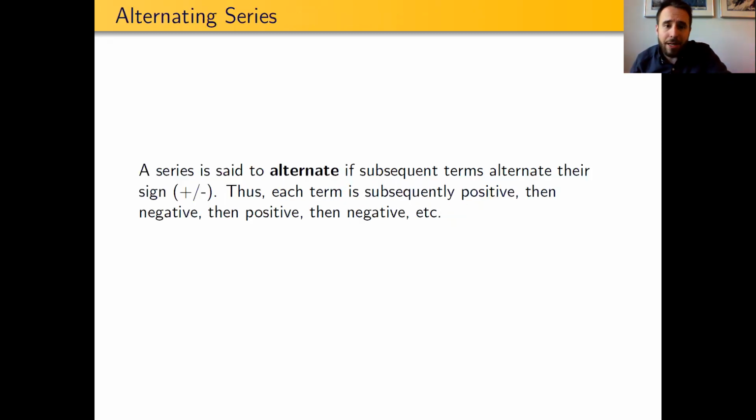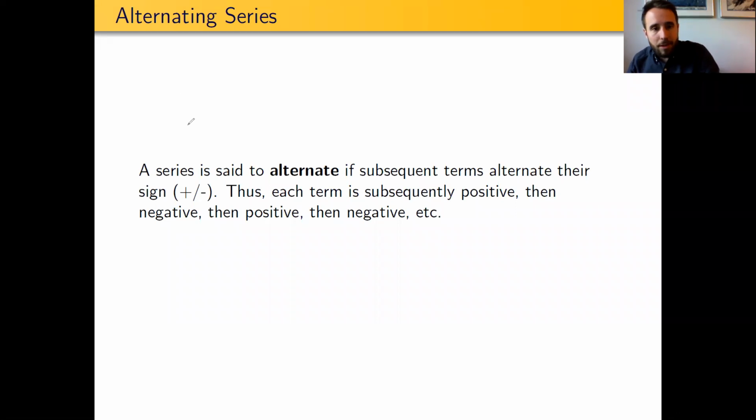So simply put, a series is said to alternate if subsequent terms alternate their sign, plus or minus, right? So each term is positive, then negative, then positive, then negative, and back and forth, alternating between the two.